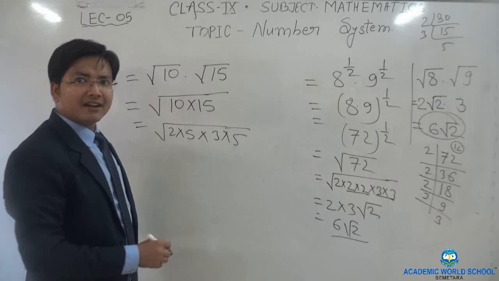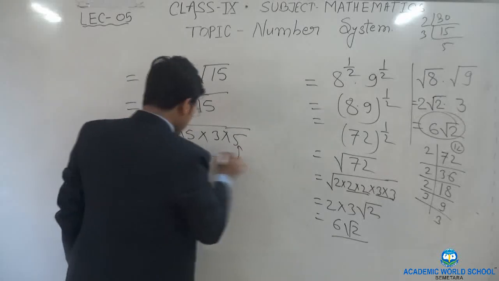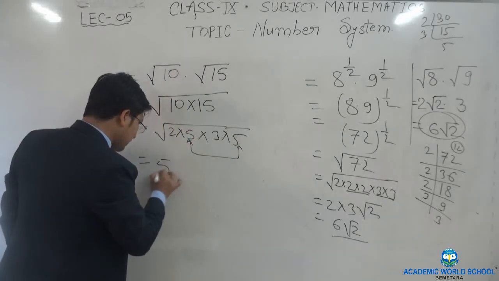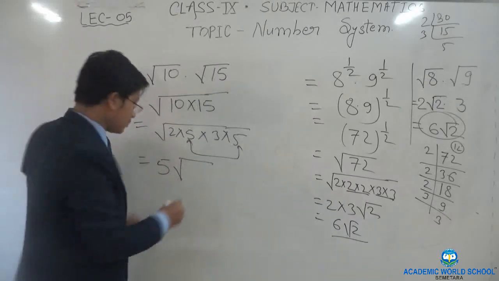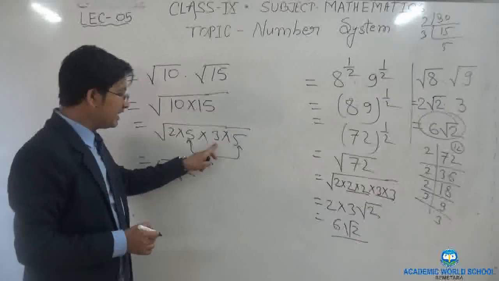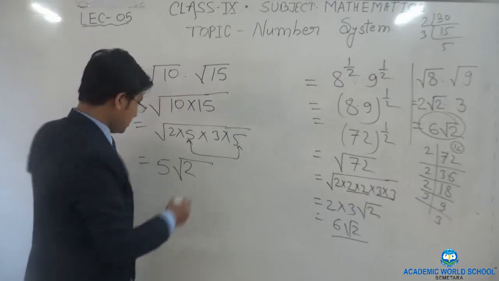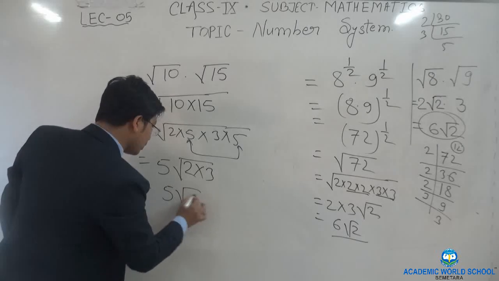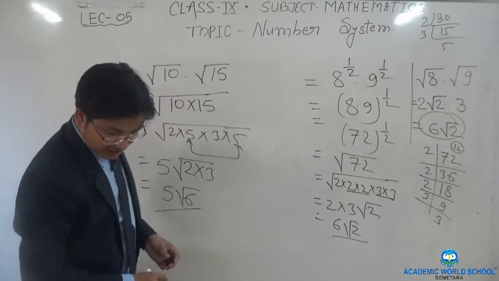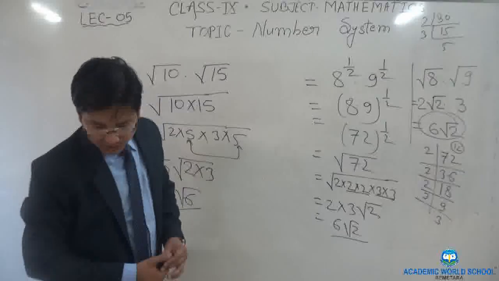Is there any pair? Yes, there is a pair, so 5 will come outside. 2 is alone, so it will be inside. 3 does not have a pair, so it will be inside. So the answer is 5 root over 6. In this way we have to solve.